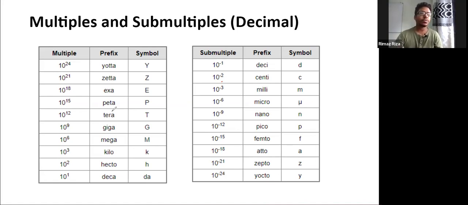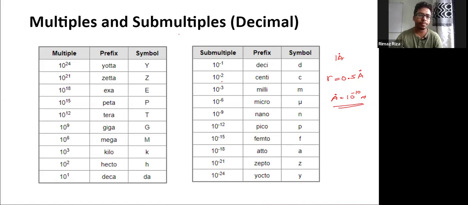What is the average size of an atom? For example, a hydrogen atom. The radius of a hydrogen atom is, for example, 0.5 angstroms. An angstrom is equal to 10 to the power minus 10 meter. This one you study in chemistry class, like bond lengths and all. So the size of a hydrogen atom, therefore, is 1 angstrom, taking the diameter.